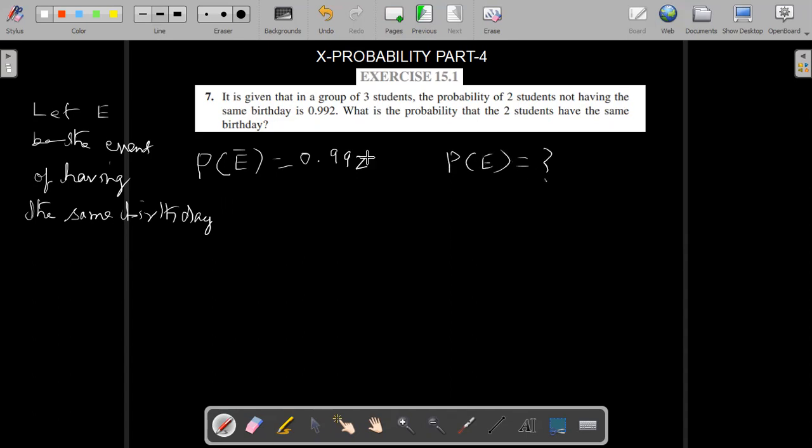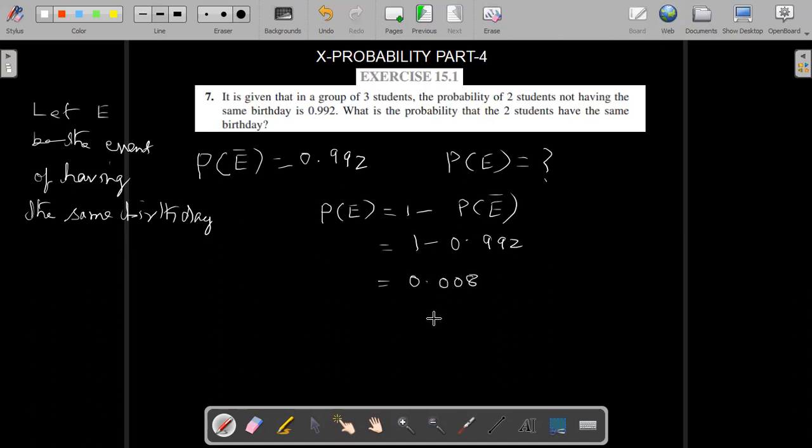The probability of having the same birthday is equal to 1 minus the probability of not having the same birthday. So that is 1 minus 0.992, which is equal to 0.008.